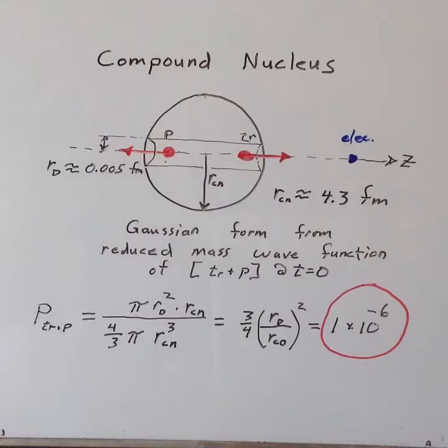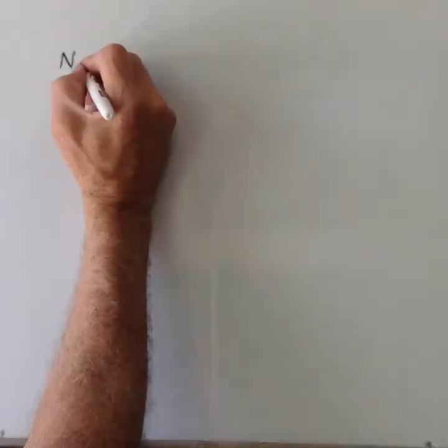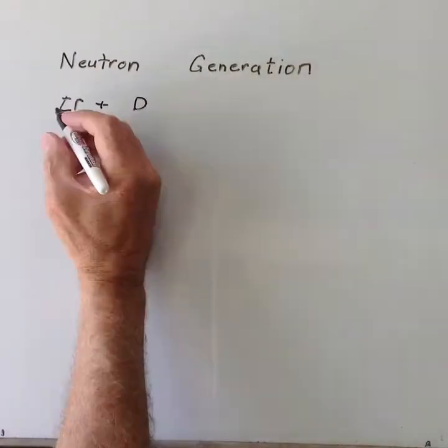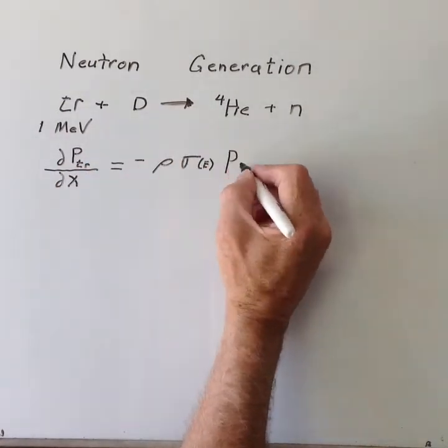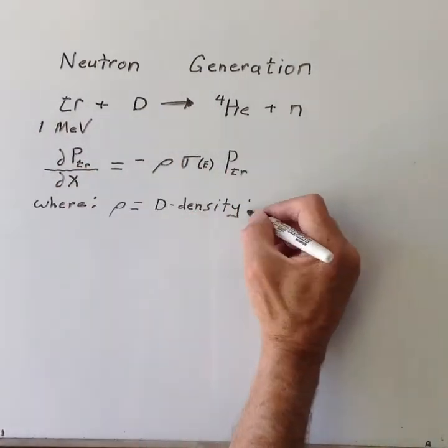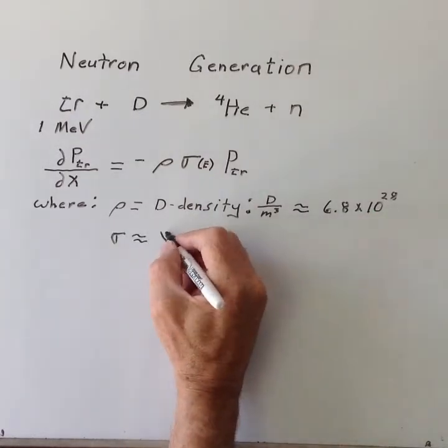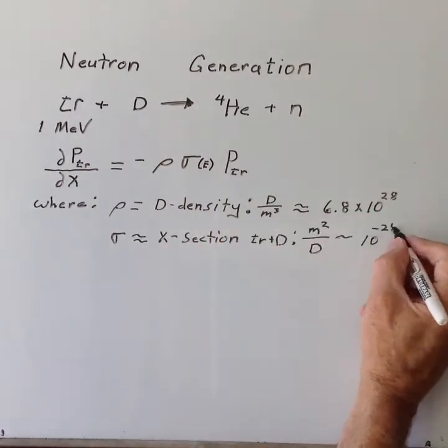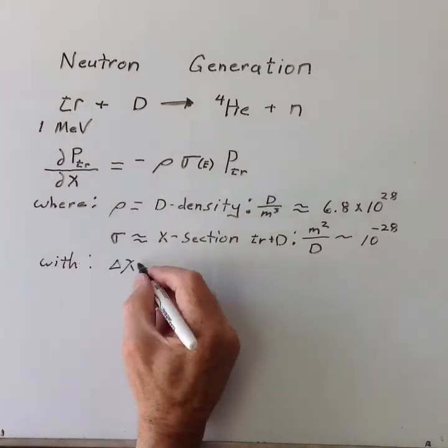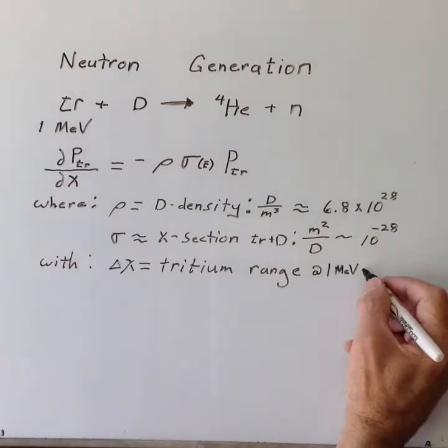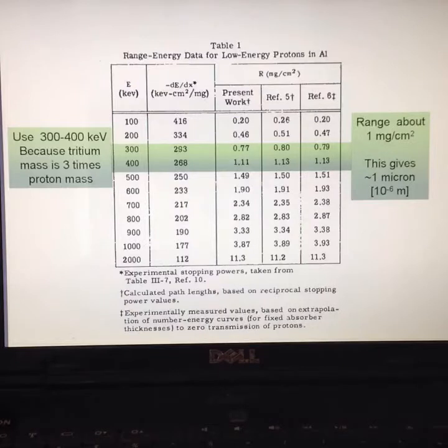Knowing the amount of tritium, it is a straightforward hot fusion calculation to estimate the neutrons from the tritium plus deuteron reaction. We use a simple probability of survival for the tritium in the palladium deuteride crystal. Using the concentration of deuterons, the approximate cross-section for the reaction as taken from this cross-section versus energy curve, then use the range of the 1 MeV tritium in palladium of about 1 micron, taken from this chart of proton ranges.